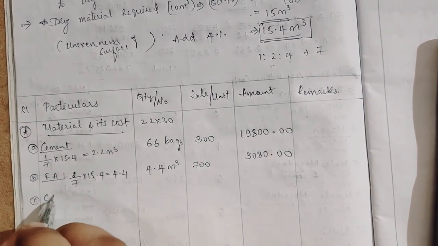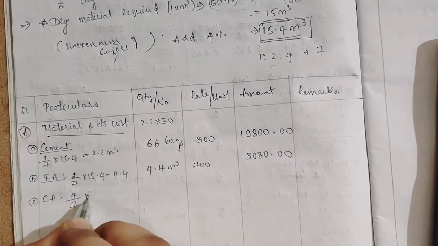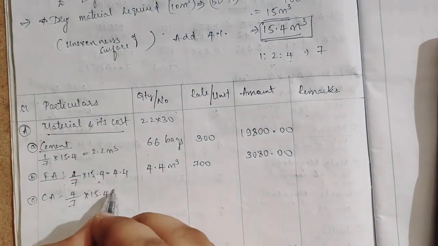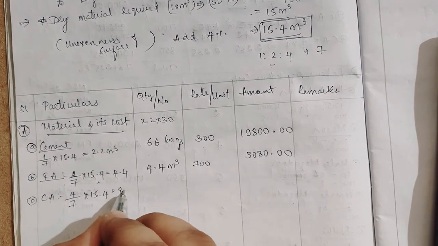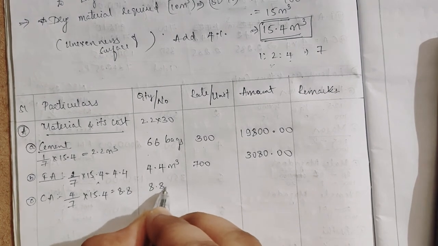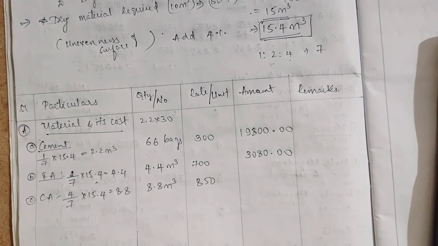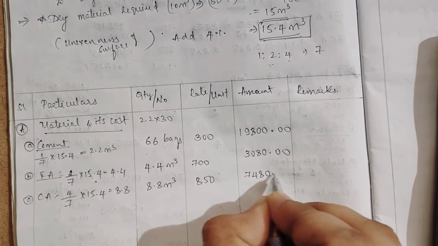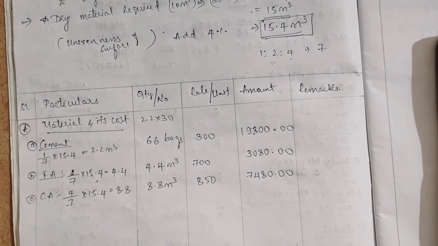Next, coarse aggregate. 4/7 into 15.4, so 4 into 15.4 divided by 7 is 8.8 meter cube. What is the cost? 850. Multiply, 7480. So this is what we need for the slab.